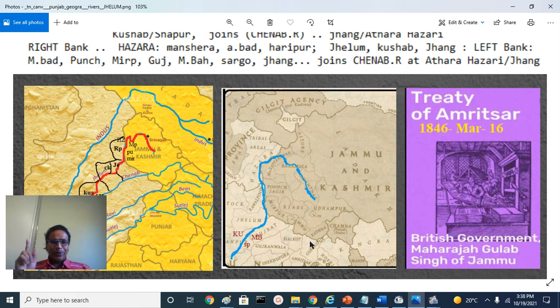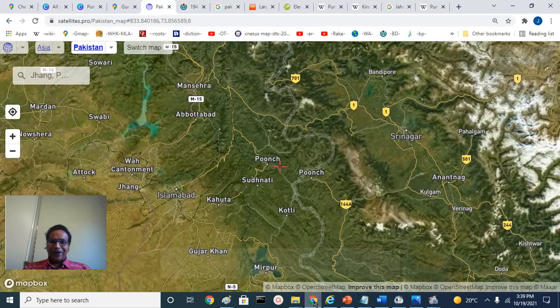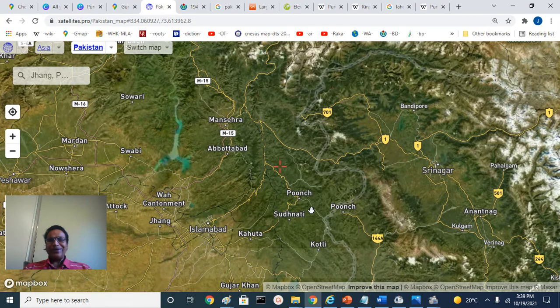That is where the Punjab geography part of the River Jhelum fits into the Second Treaty of Amritsar between the East India Company Bahadur's representative Frederick Currie and Jammu Raja Gulab Singh Dogra. Now, before we terminate, let's look at how the Jhelum River actually looks.